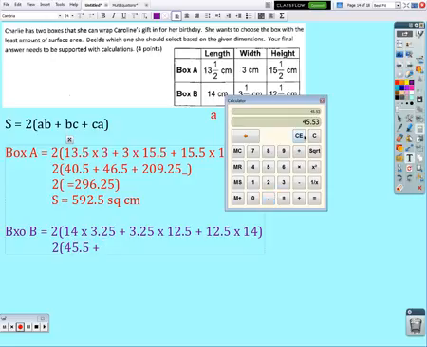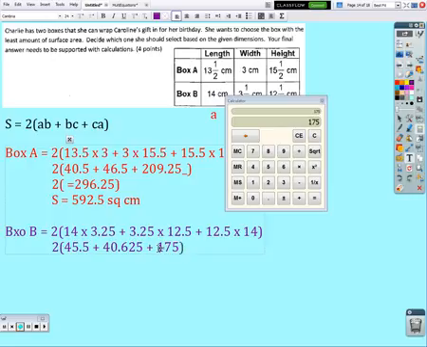I think it's this calculator that's messing things up. 3 1/4 times 12.5 equals 40 and 625 thousandths, plus 12.5 times 14, which is 175. What would I do with all 3 of those?